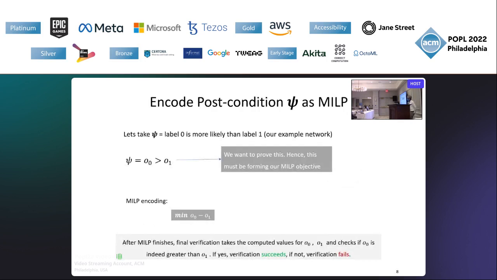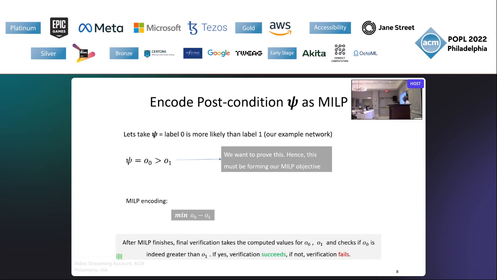Similarly, you can encode the postcondition here. If it is that O0 should be greater than O1, you would make an objective function that the minimum value of the difference between O0 and O1 is positive. If it is positive, then you know that for all the inputs in your input set, the property holds.